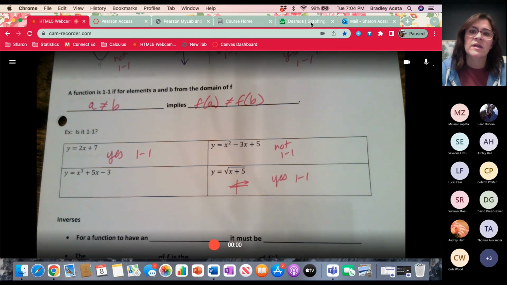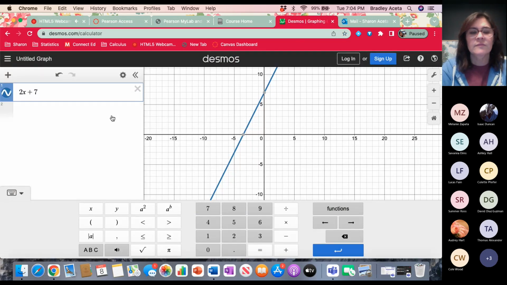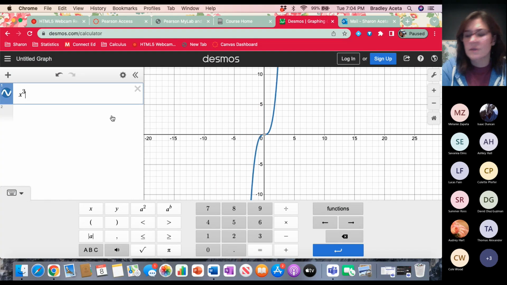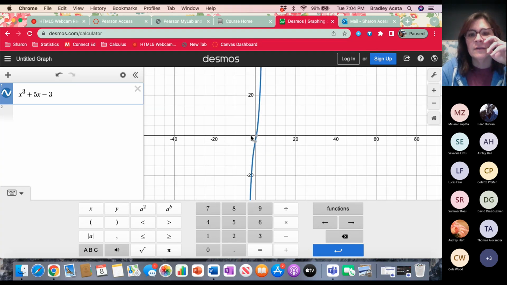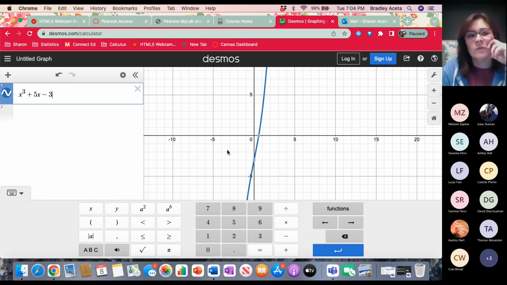Again, let's just put that into Desmos. So this cubic function is one-to-one. If it was one that was really exaggerated, it wouldn't be, but this one is definitely a one-to-one function.